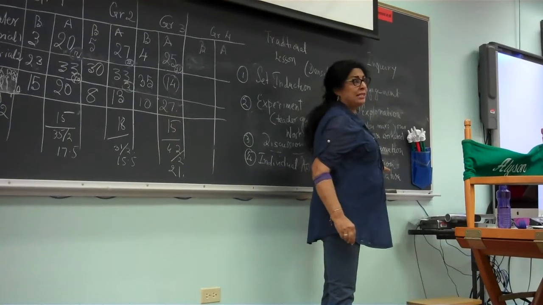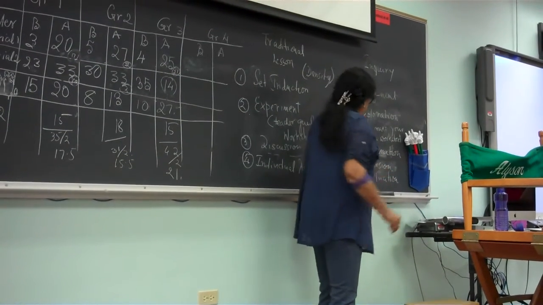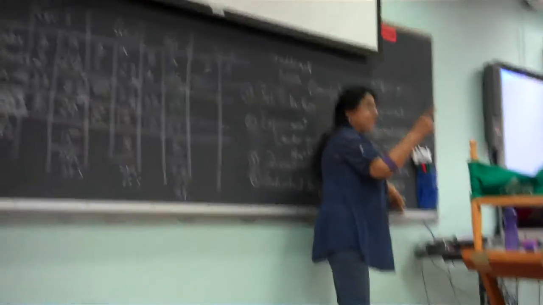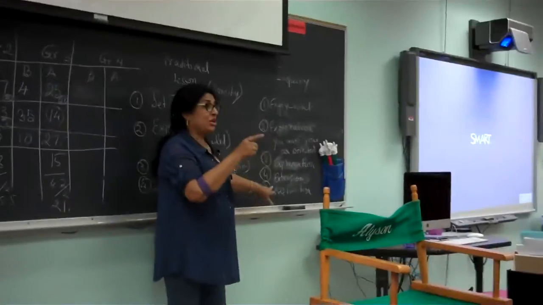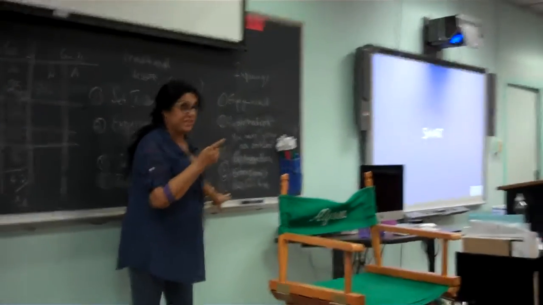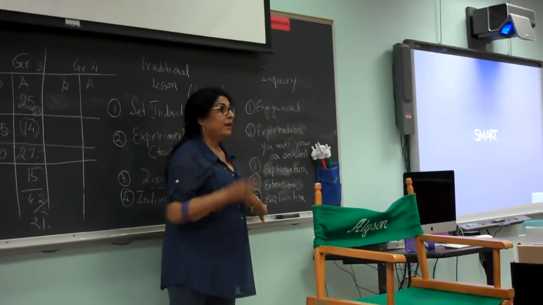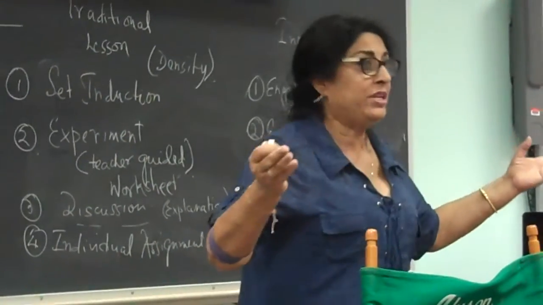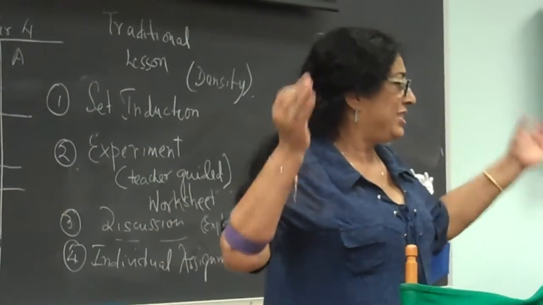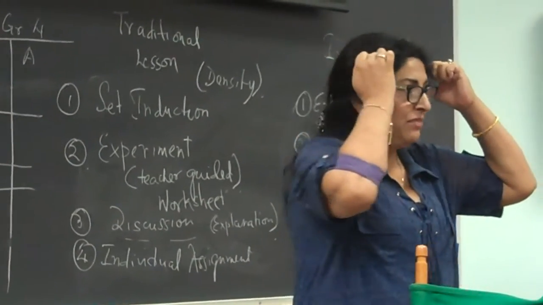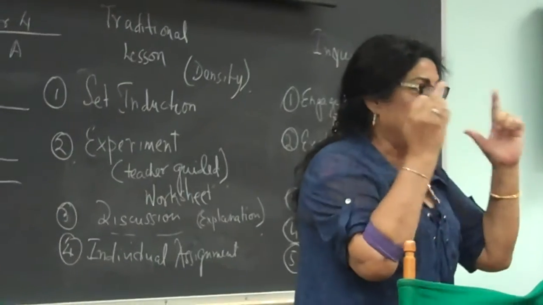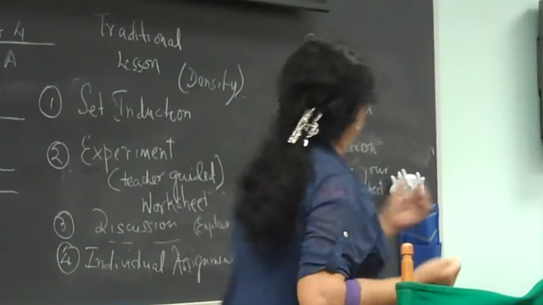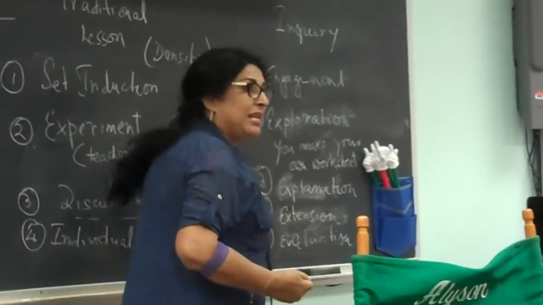Therefore, I gave you a new challenge in extension. And then number 5, I give you evaluation. Here, your individual accountability works. You thought an inquiry lesson is free-wheeling. No, it is not free-wheeling. Still, you have the objective in your head and you are making sure that they are reaching the objective through all these steps.